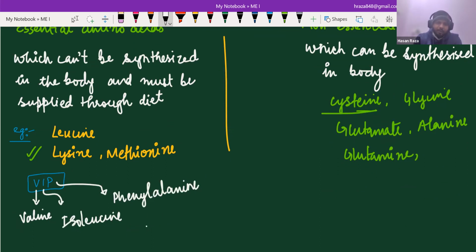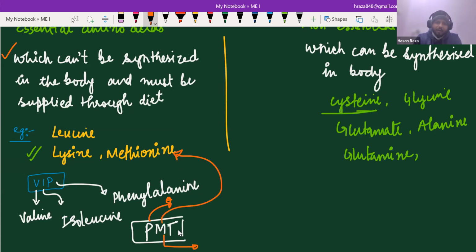Then we can write PMT. This is all essential. P is for phenylalanine, M is for methionine that I have already written, and T is for tryptophan. So the examples are very, very important.